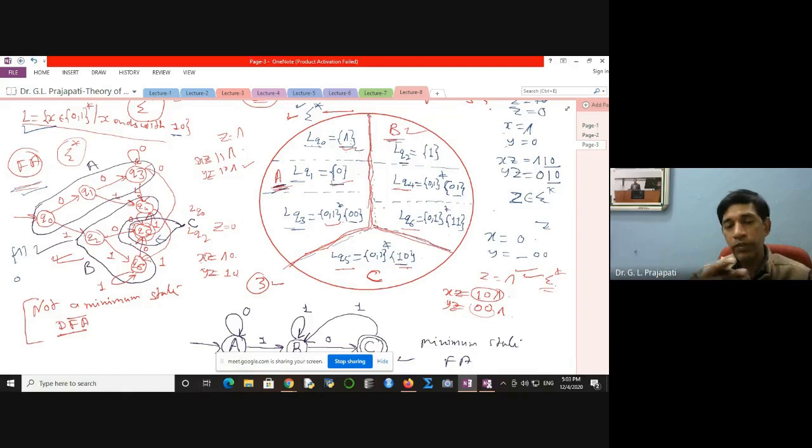Since here you have three equivalence classes, we can construct the FA for the same language having three states, and this is the minimum state DFA. So this is one way to prove whether the given FA has the minimum number of states or not. Although determining the number of equivalence classes is not an easy job; for some complex languages, identifying the number of equivalence classes may be a difficult task.